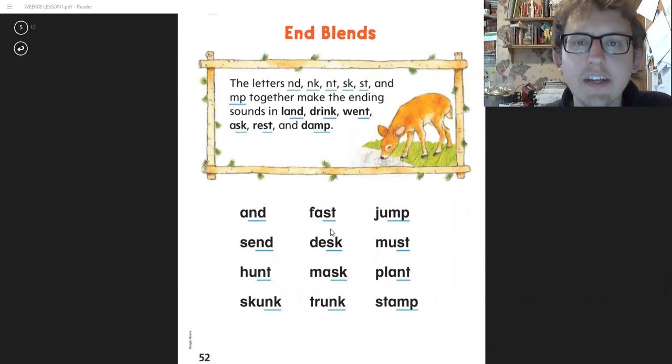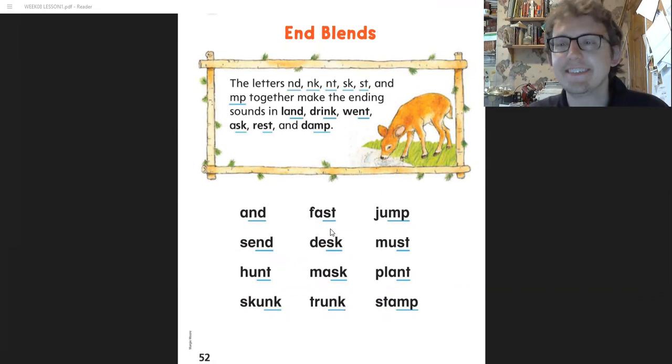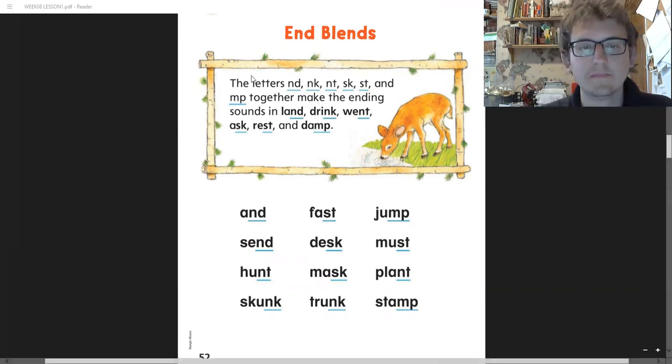Wow, we are learning new sounds today. Woo! Okay, so let's learn these new sounds. The letters ND, NK, NT, SK, ST, and MP together make the ending sounds in land, drink, went, ask, rest, and damp.